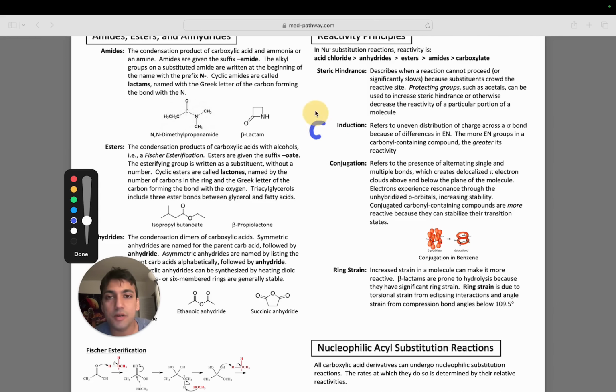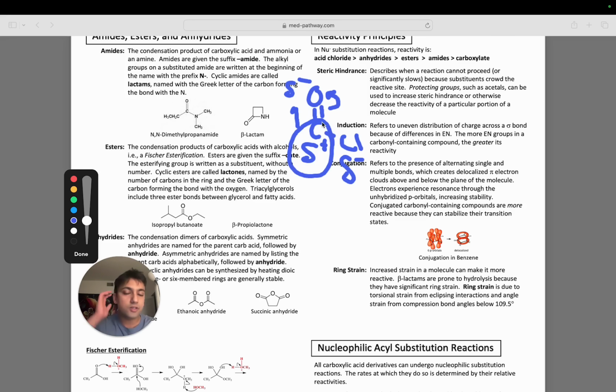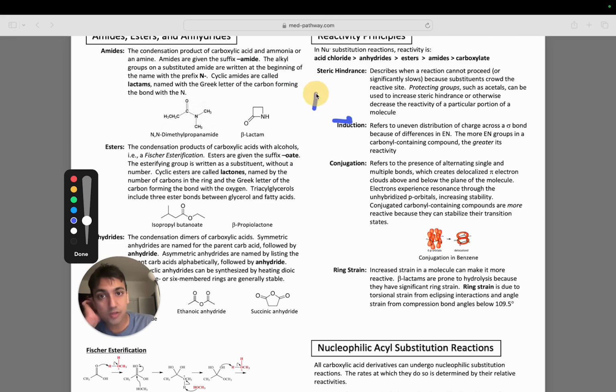In this carbonyl-containing compound, the oxygen is going to have more of a negative charge, and this chloride is also going to be electron withdrawing, so this carbonyl carbon is going to be more positive, right? The electrons are going to be distributed this way and this way. So that's basically what that's talking about.